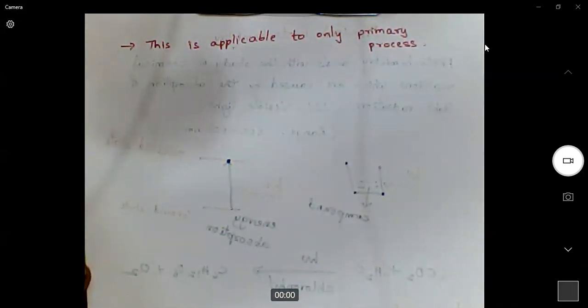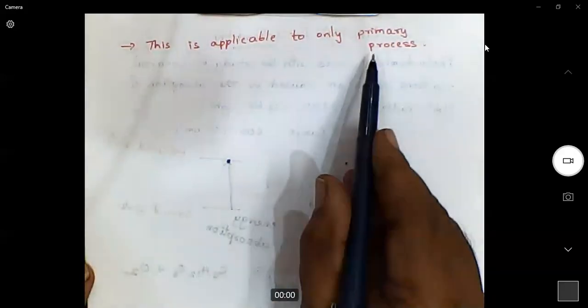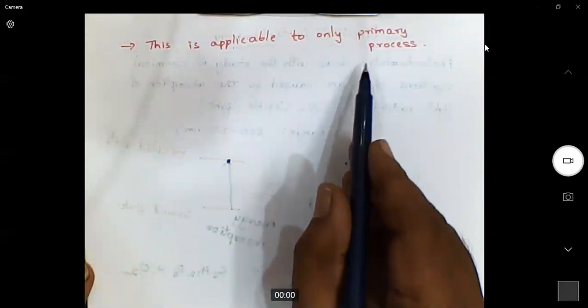We will discuss the mechanism of photochemical reactions in the next class. There we will come across primary and secondary processes. So Einstein's law will only be applicable to primary processes in photochemical reactions.